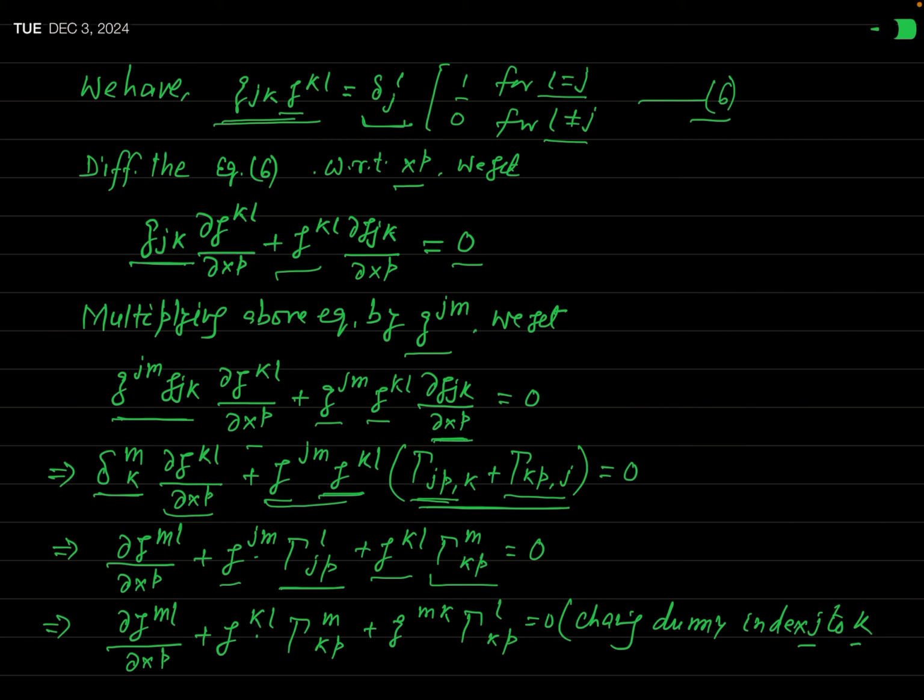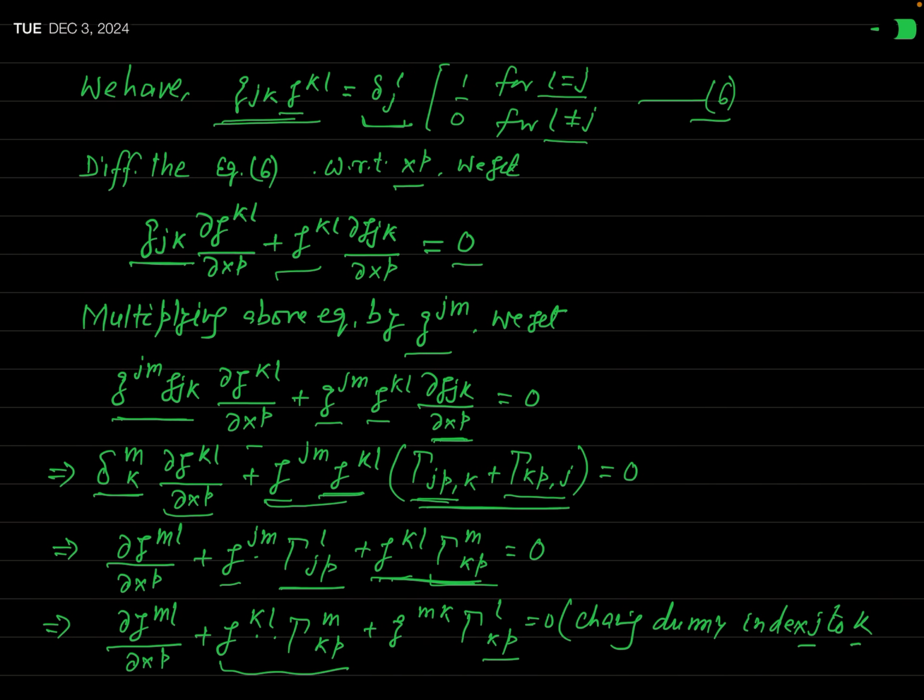And instead of l, we will write m, so instead of m, there is l. And in this we will make this change of dummy indices. Instead of j, now we will write k. So this is g_mk and gamma ljp, but instead of j we will write k, so this is gamma lkp.